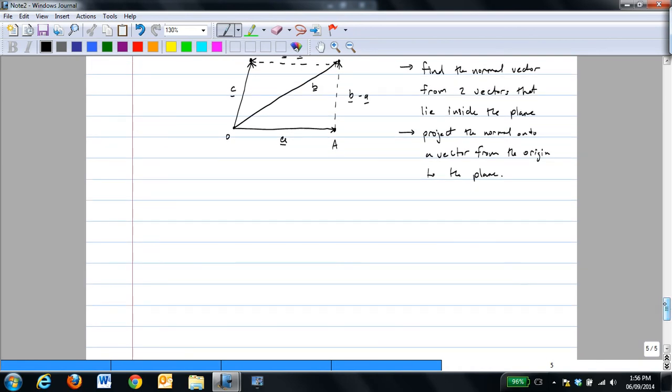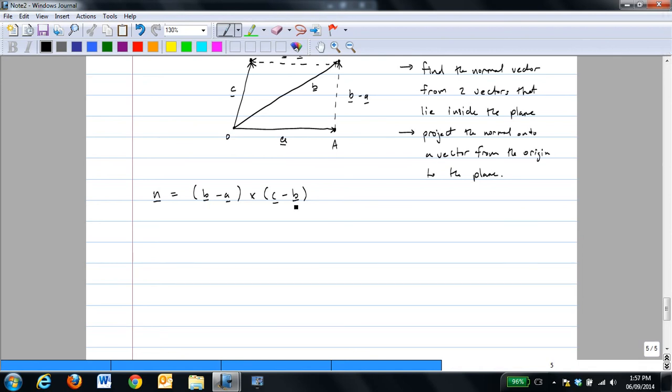So the normal vector is now b minus a cross c minus b. Because we want a vector that's normal to the plane, so it's perpendicular to the plane.